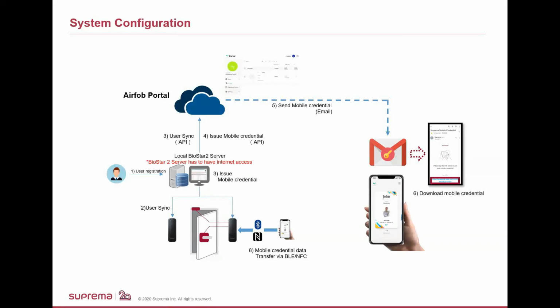So you can enroll a user from BioStar 2, and the user data will be synchronized to the connected readers. When you issue the mobile access card from BioStar 2, it sends a command to the cloud to enroll that user through the AirFob portal API, and also issues the mobile access card to the user's email. In the email, there will be a download link, and if you touch it from your mobile phone, you will get the card, and you can just use your phone by tagging on our reader.